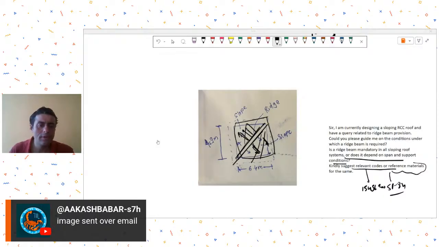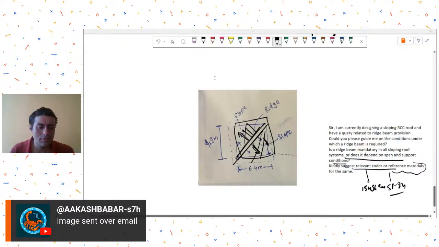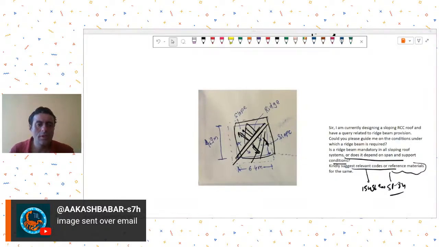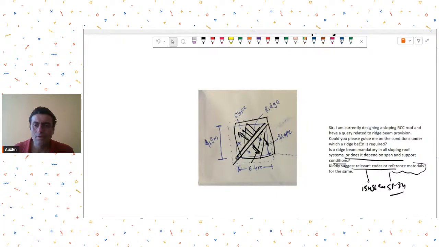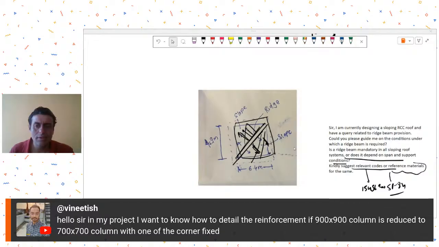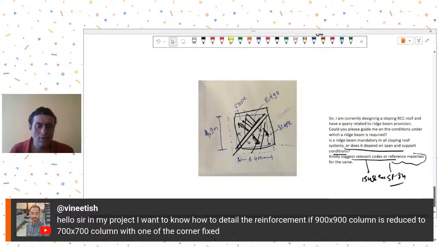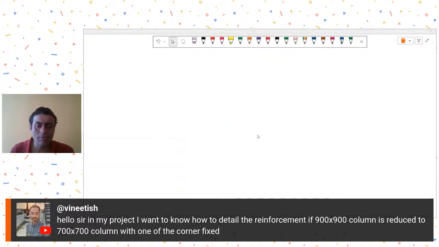All right. This was Engineer Weber with his query. Now the next query has been asked by Engineer Vineet. We are now taking the queries from the live comments.